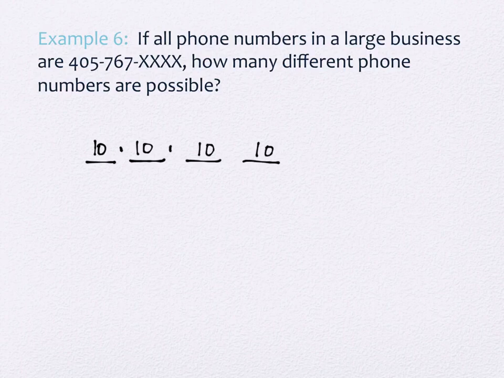So in this one, there are 10 times 10 times 10 times 10 ways this can happen. Fundamental principle of counting, so then multiply them, so you see the dots between. What number does this give me? 10,000. So this large business could support up to 10,000 different phone lines that are all different, right? That's a fairly large business. So there's 10,000 possible numbers.